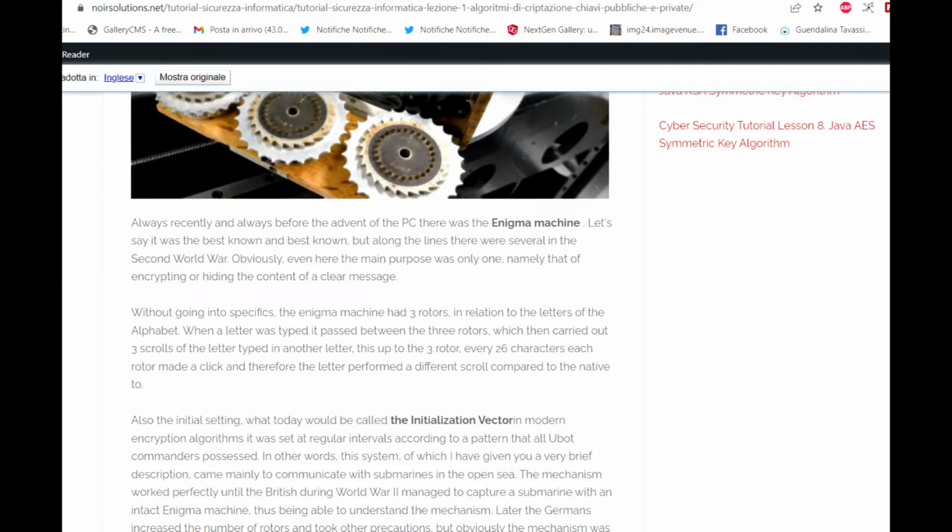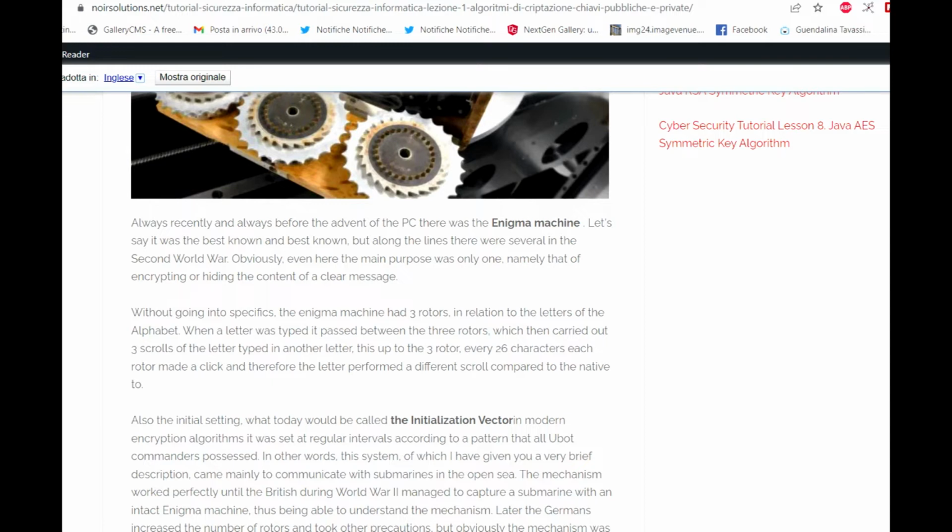Obviously the main purpose was only one, namely encrypting or hiding the content of a clear message. Without going into specifics, the Enigma machine had three rotors in relation to the letters of the alphabet.